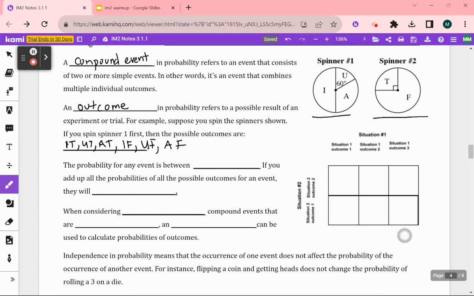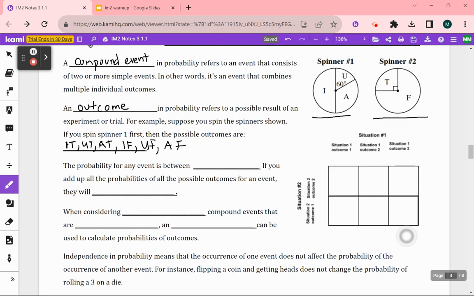The probability for an event is between 0 and 1. If you add up all the probabilities of all the possible outcomes for an event, they will sum to 1.